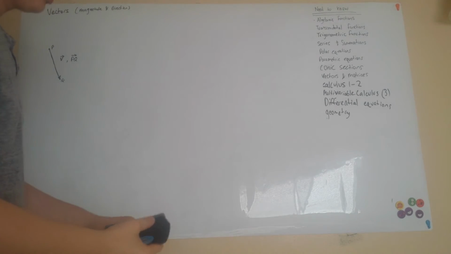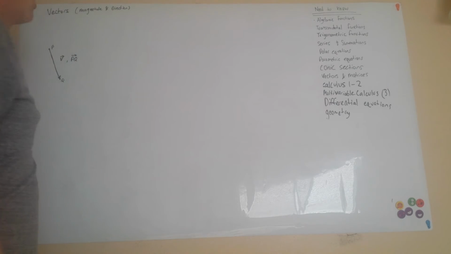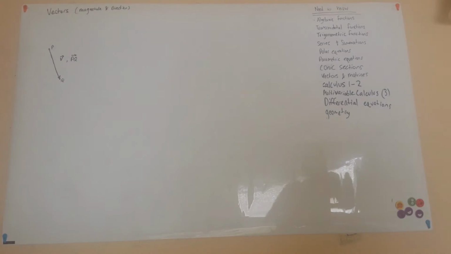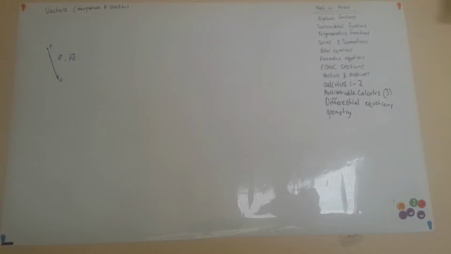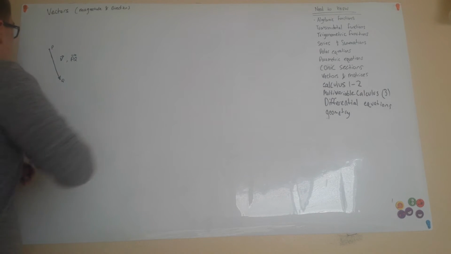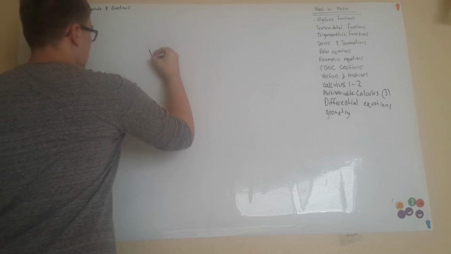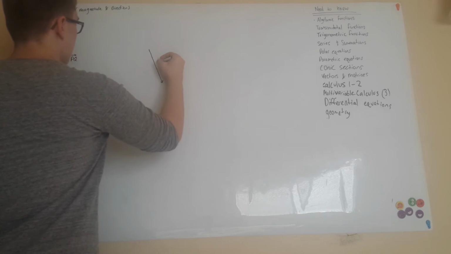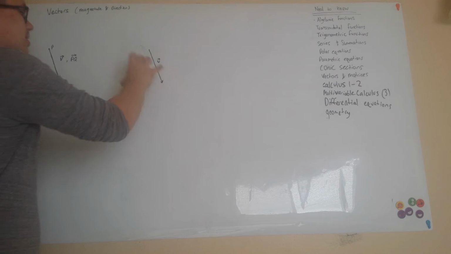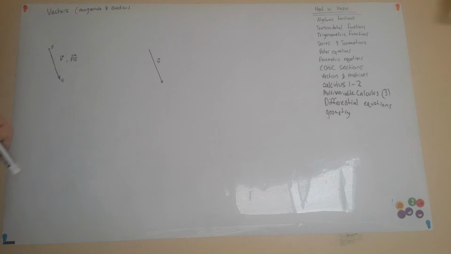Okay. So, before we do this one, I want one thing to be extremely clear. Vector v. This is exactly vector v. This is the same vector as this. It has the same direction, has the same magnitude.